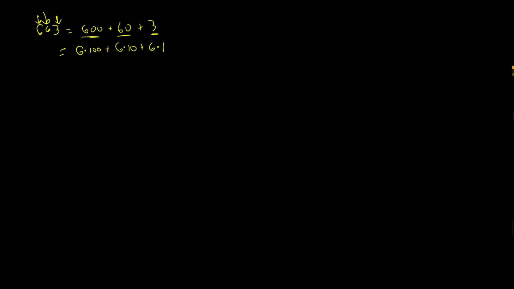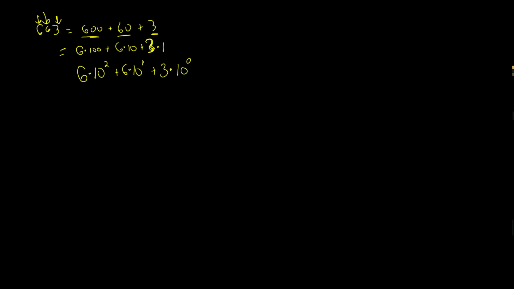Well, I can do all of this in terms of my base. I can do 6 times 10 to the second power, plus 6 times 10 to the first power. Whoops, that's not 6, that's a 3. My bad there. Plus 3 times 10 to the 0th.